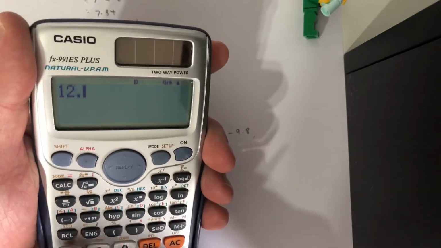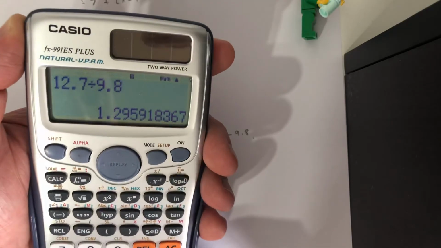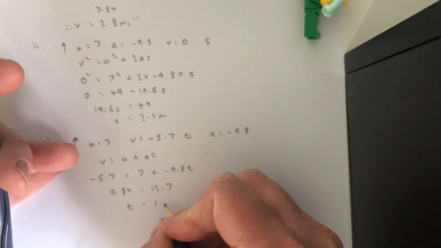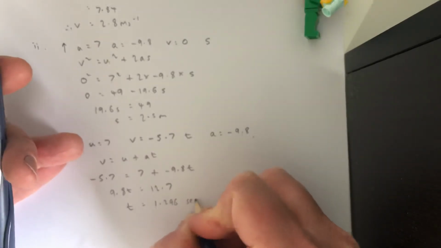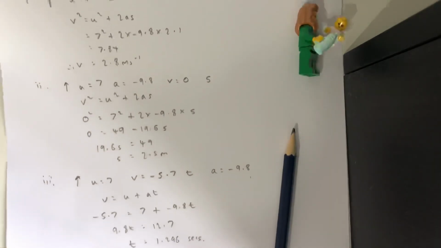So t is going to be 12.7 divided by 9.8, and that will give me 1.295 or whatever it is, so 1.296 seconds. So that is how long after projection it will be coming back down at 5.7 meters per second. Okay, there'll be another question on soon. Thank you.